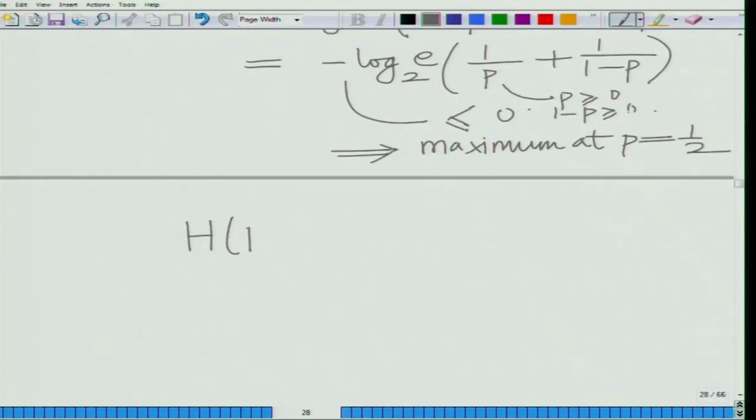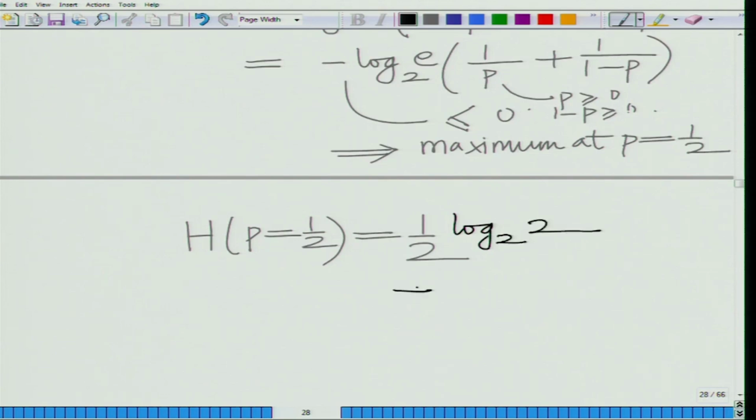And what is the entropy at p equal to half? H of half equals half log to the base 2 of 1 over half, that is 2, plus 1 minus p, that is half, log to the base 2 of 1 over 1 minus p, that is 1 over half, that is 2.